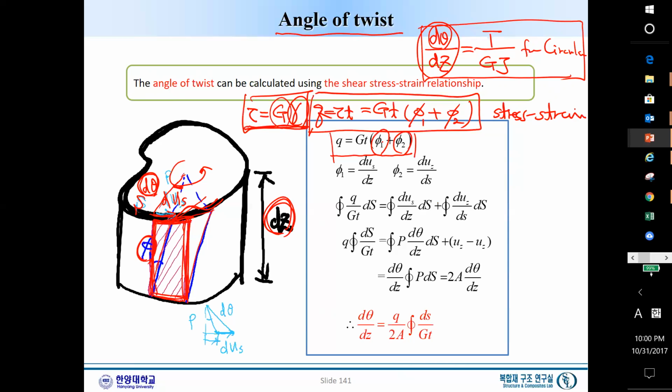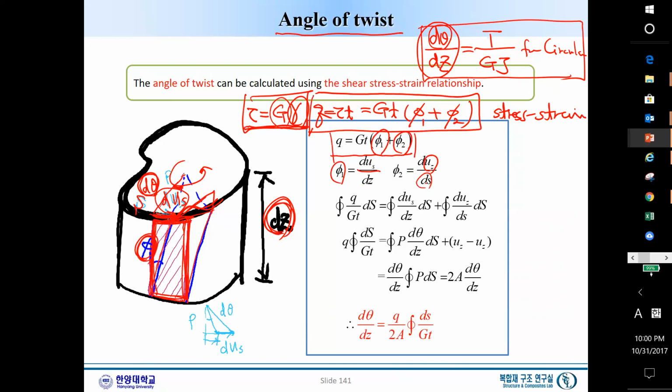Okay, so P1 is this, and this distance is simply ds, and this length is dz. So P1 is duz over ds, and P2 is the out-of-plane displacement, like the upper displacement, over the ds.